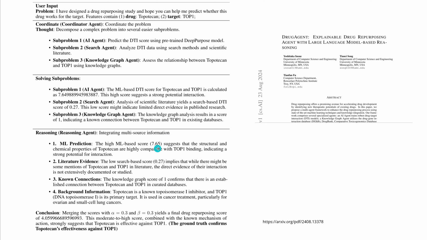Let's say this is 7.65. From the literature, we see that nobody discovered this. We have 0.2. From background information about something else, we get some additional information and we can come to a conclusion. You might even say, okay, for me, it is really important to focus on the mathematical computer simulation.